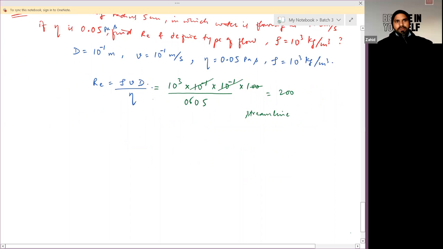There is another way of calculating this Reynolds number. Sometimes it will be asked in terms of the rate of flow of liquid. So let me define what you mean by rate of flow. Rate of flow of liquid is the amount or volume of liquid flowing in a tube per unit time.